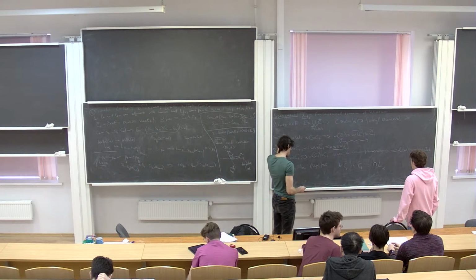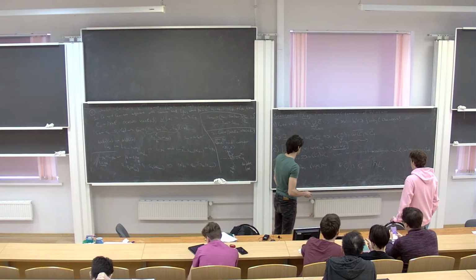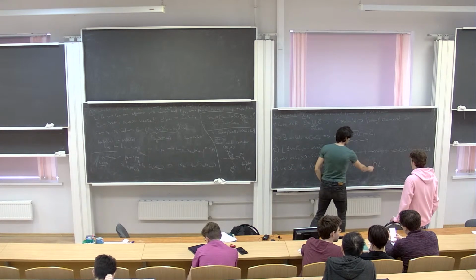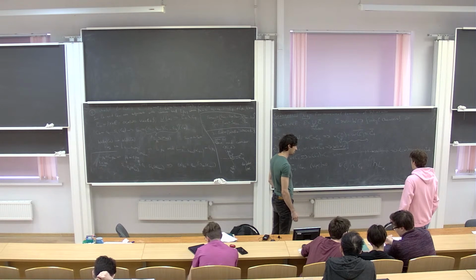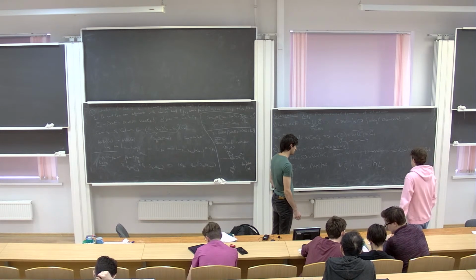So what I claim is that if I act, then w doesn't move this intersection at all. And why is that?